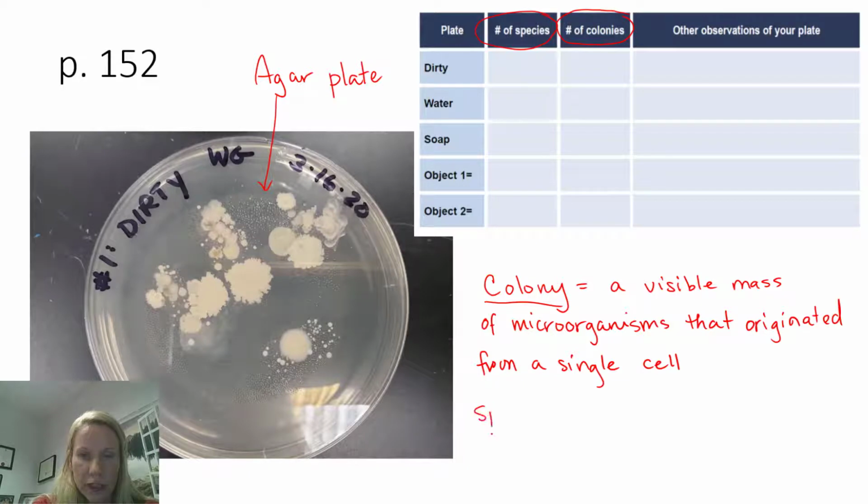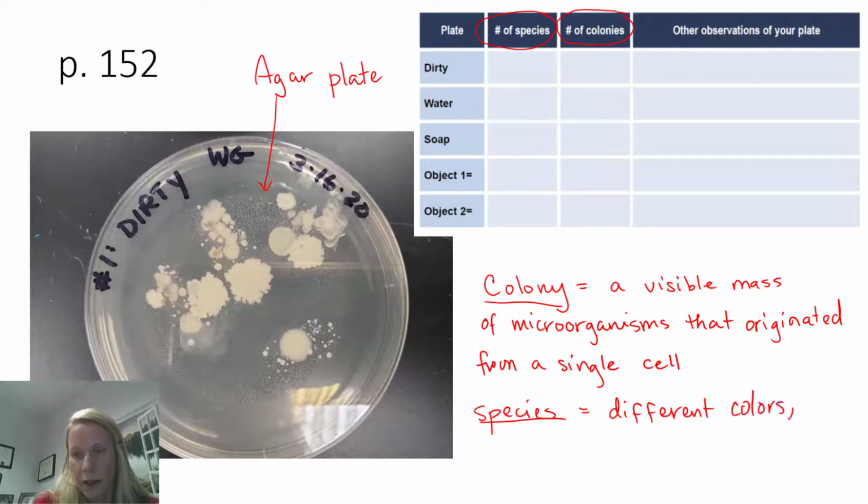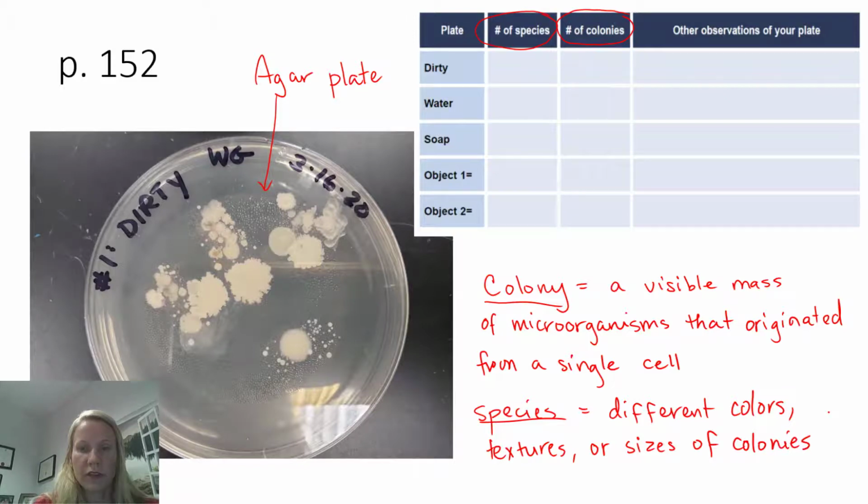So when we're looking at the species, this is where you're looking at different colors, textures, or sizes of colonies. Because each species of bacteria or fungi will produce a unique shape on the plate, okay?